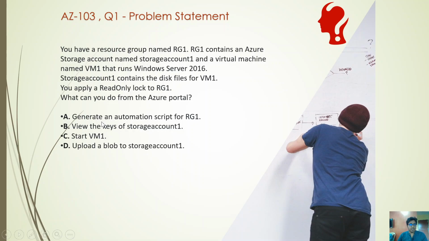Mostly you will think that B is the correct answer, meaning view the keys of storage account 1, whereas A, generating the automation script, is the incorrect answer. But no, the actual answer is that what you can do is only generate an automation script for RG1, whereas view the keys you cannot do. You cannot view the keys of the storage account if the storage account has a read-only lock, and I will prove this.